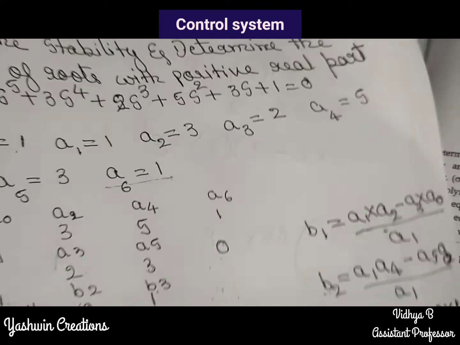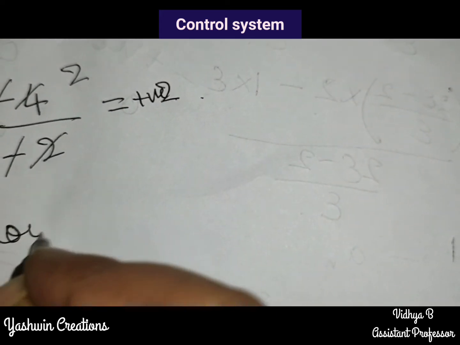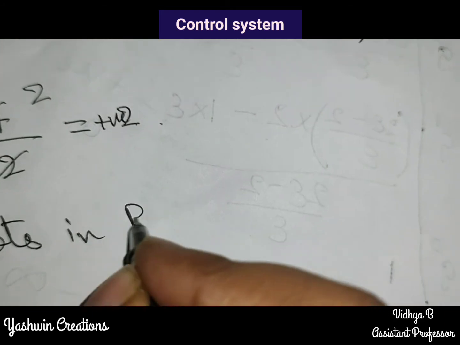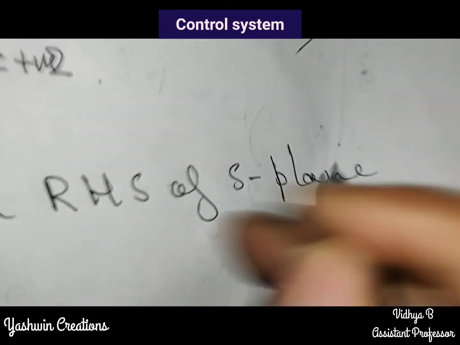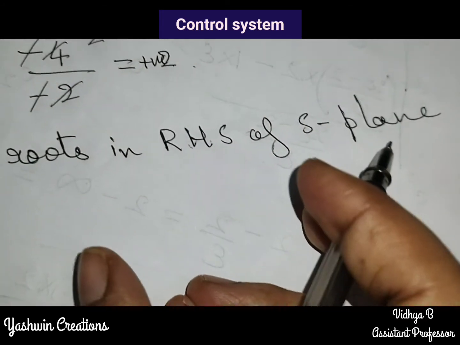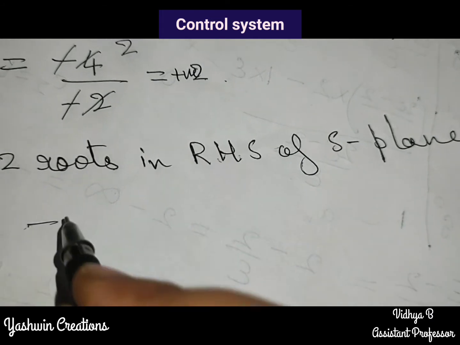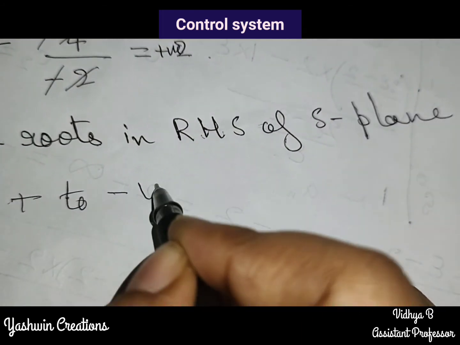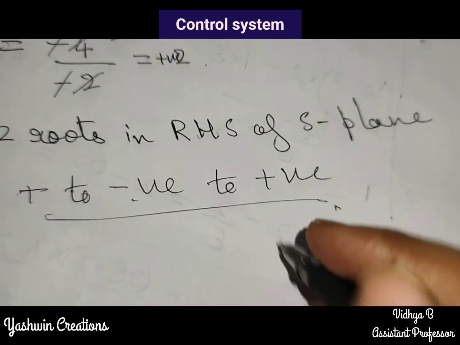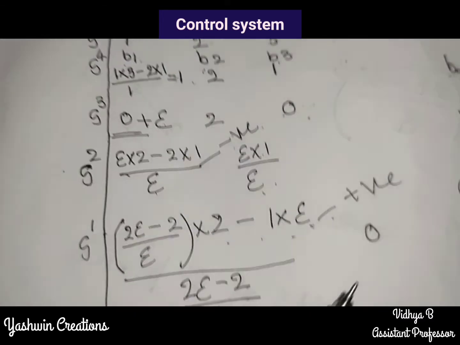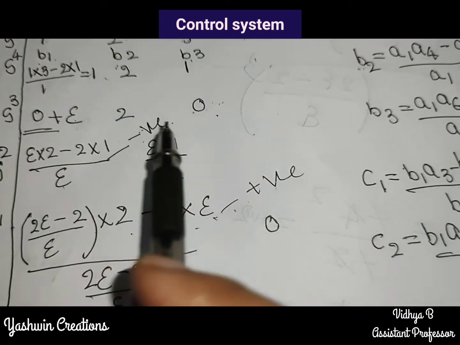So what we can write here is 2 roots in the RHS of the S plane, and we can say it is unstable because the sign has changed from positive to negative, and from negative to positive again. So there are 2 sign changes in the first column of the RH method, so it is unstable, and there are 2 roots in the RHS of the S plane.